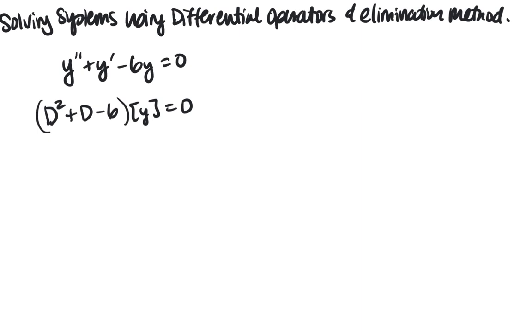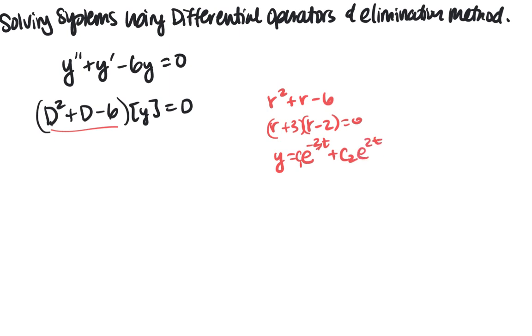And I want you to notice that this is kind of similar to how you would write the characteristic polynomial. You'd have r squared plus r minus 6 as your characteristic polynomial. And then when you would solve that, you would have (r plus 3)(r minus 2) equals 0, and your solution would be y equals C1 e to the negative 3t plus C2 e to the 2t. So that would be your solution. It's going to be the same solution here.